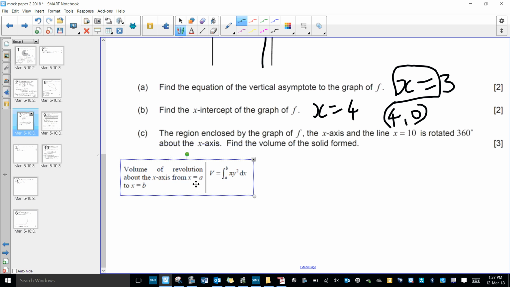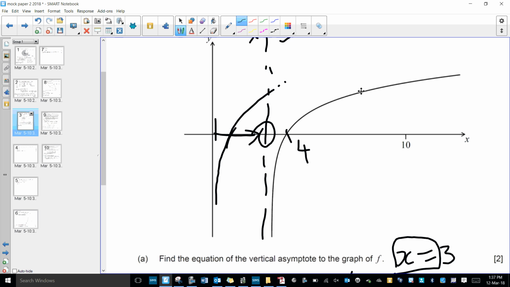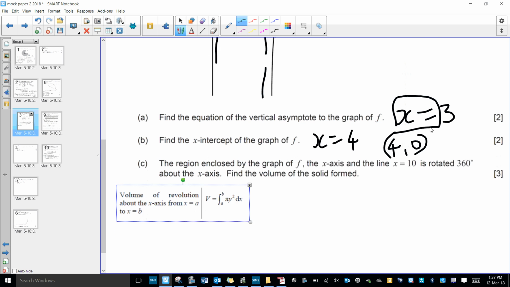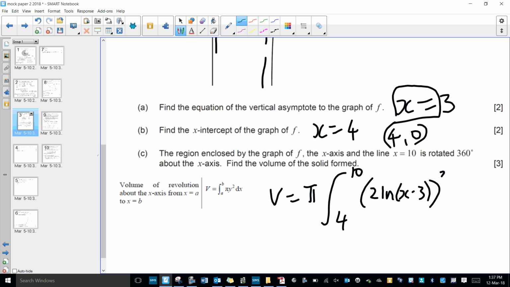So we're looking at this point here, so 4. So 10 and 4 are our limits. Okay, and we're using this formula. So we've got V equals pi. Remember the pi can go in front, so it's the integral from 4 to 10 of 2 ln x minus 3, all squared. Okay, it's on paper 2, so you're expected to use your calculator for this.